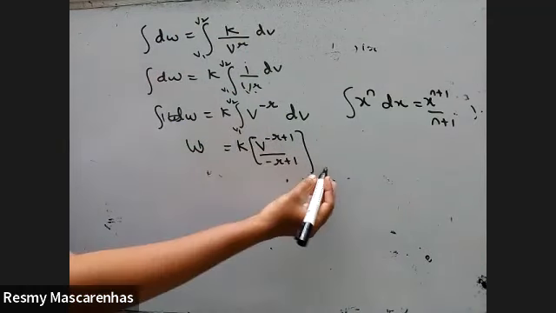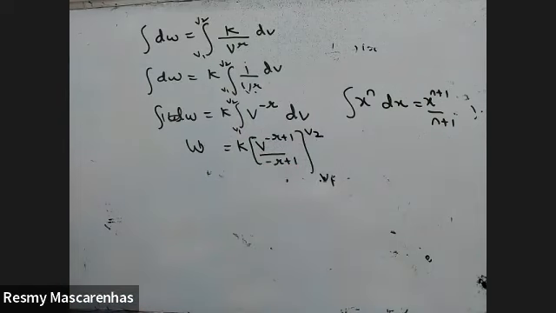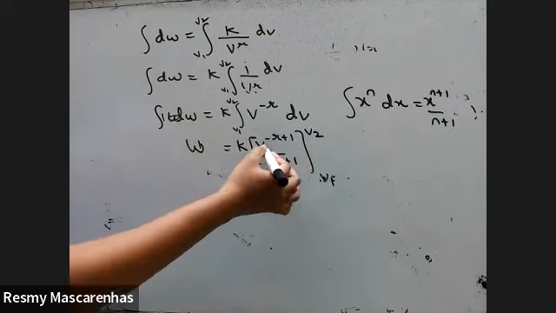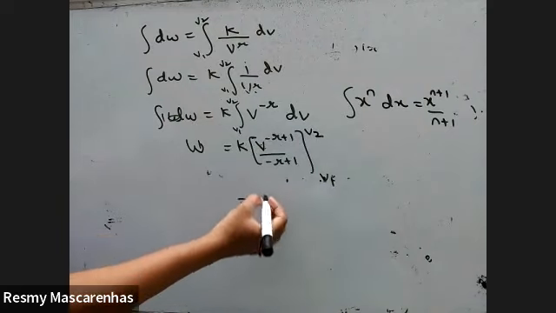Now wherever there is V, you have to always substitute the higher limit minus the lower limit.